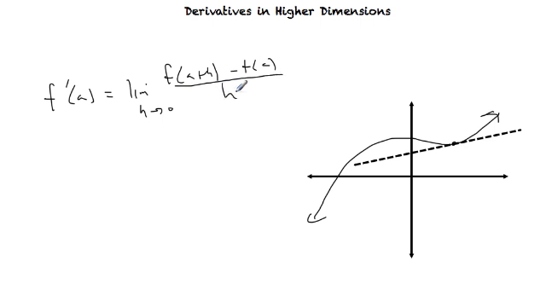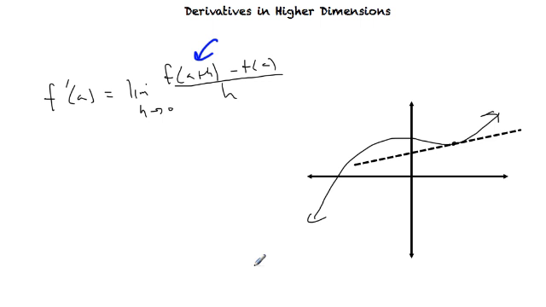So we might think that the easiest way that we could extend this is by just saying, well, we'll make f a function of vectors, a vector function, and then we're done, right? So we have a function of vectors. Then the question becomes, what do we mean by this? What is a plus h?